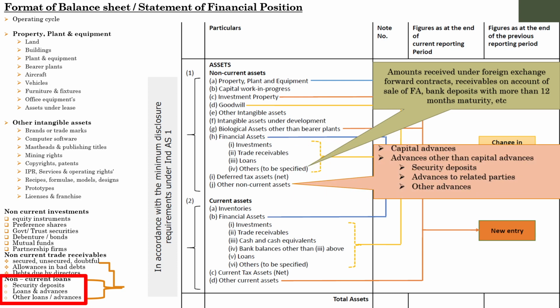That is known as capital advance. Next one, advances other than capital advances, which includes security deposits, advance to related parties, other advances. In the question, each of these items will be mentioned specifically. The only thing is to familiarize these heads, identify where it has to be recorded, and show it in the correct place. So these are with regard to assets, especially non-current assets.